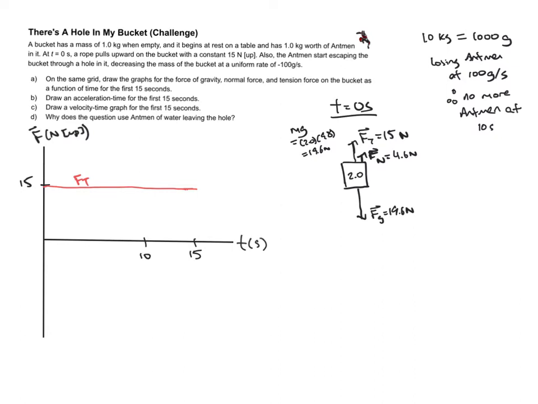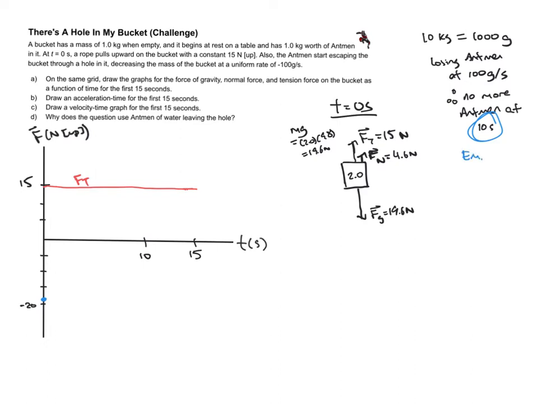So the force of gravity is going to start at negative 19.6. Here, I'll just make these increments of 5, 10, 15, 20. So negative 19.6 is just slightly before it hits negative 20. And then at 10 seconds, when we're out of ant-men, now it's just the weight of the empty bucket.